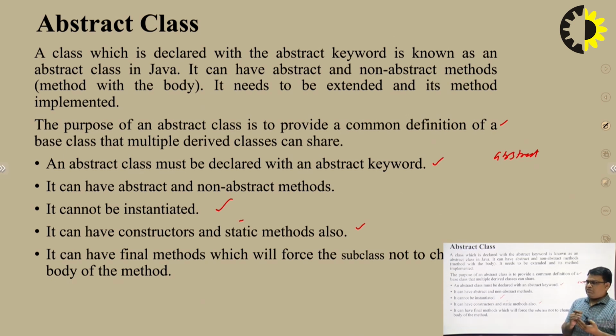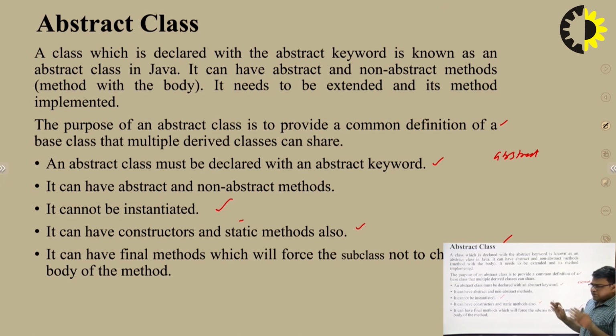We can make a variable, method, or class final. In that case, an abstract class can have the final keyword also. We can make a method final, which will force the subclass not to change the body of the method. If we apply final to a method, then the body of the method cannot be changed, that means we cannot override this particular method.